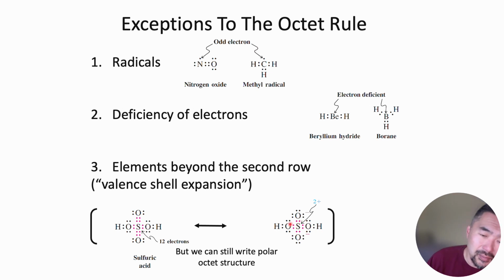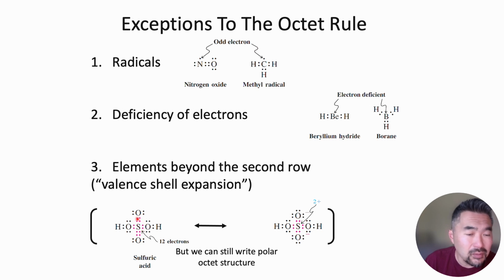This is probably the most straightforward Lewis structure you might draw, but when you do, you're going to have to put two negative charges on these two oxygens, and you're going to have to put two positive charges on a single sulfur atom, which is a bit awkward.